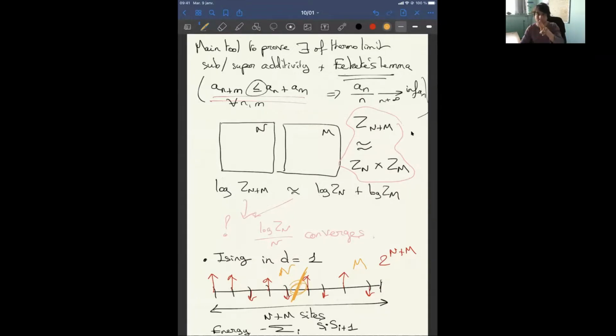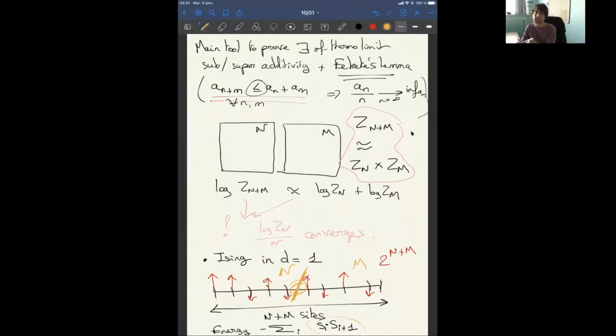So there's only one term where the guy at the end of the first block interacts with the guy at the beginning of the second block. Okay, and this interaction is spin times spin, and that's either +1 or -1. That's big O of 1.